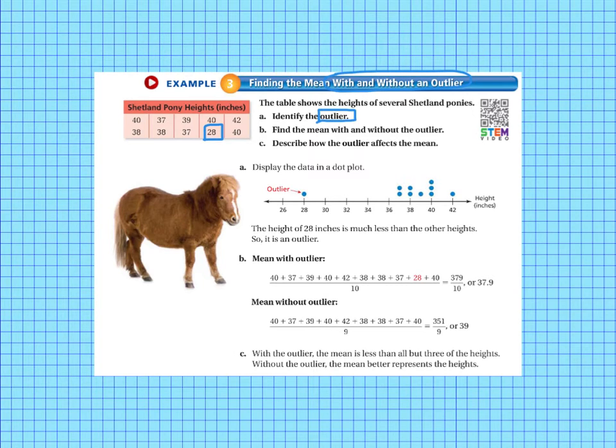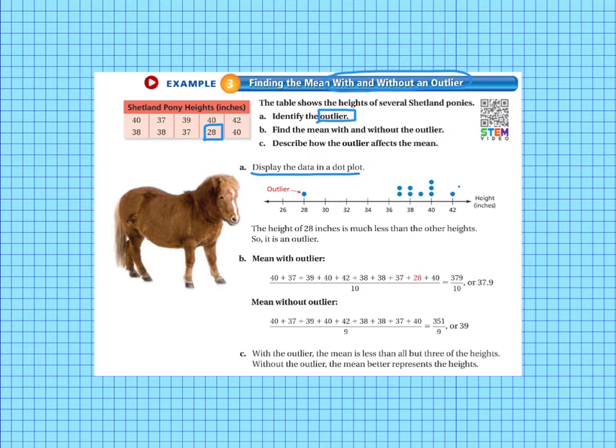Part A of this question says we need to identify the outlier. So we need to do it more than by just looking at the graph. In a future lesson, you will see that there's a mathematical way to tell if something truly is an outlier or is not. But here we are just going to display the data in a dot plot.